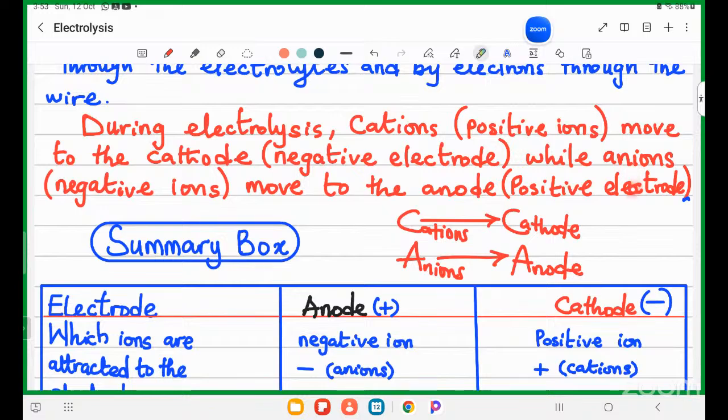While anions, which are the negative ions, will move to the anode. So you have the cations moving to the cathode.